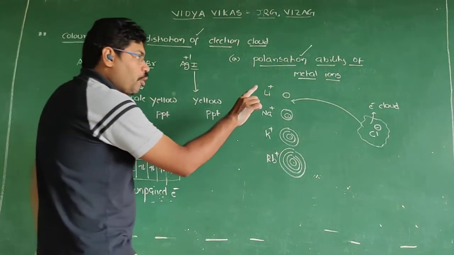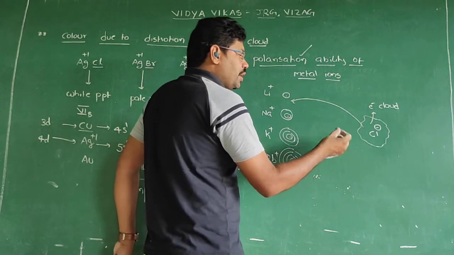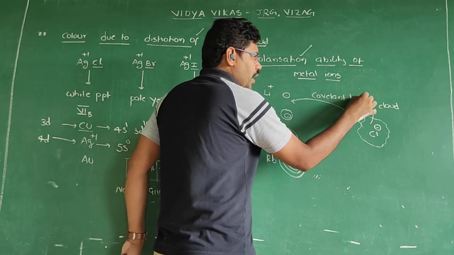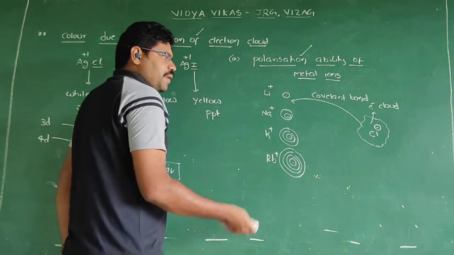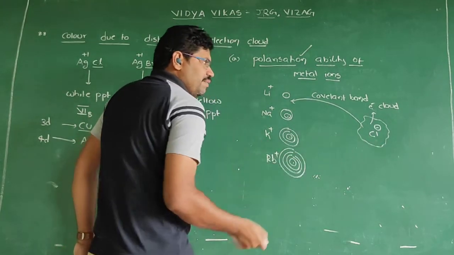So whichever has more polarizing ability, more polarization, and that results in which bond, dear students? Covalent bond. Remember this one? And that's why among LiCl, NaCl, KCl or RbCl, which is more covalent?